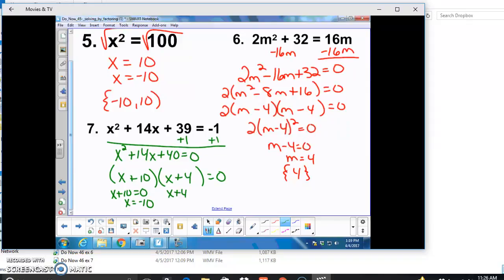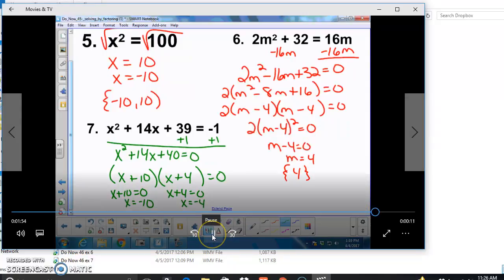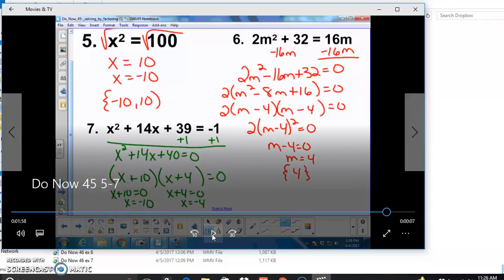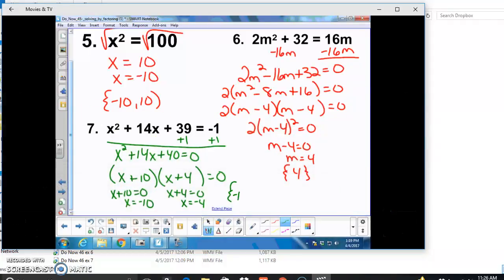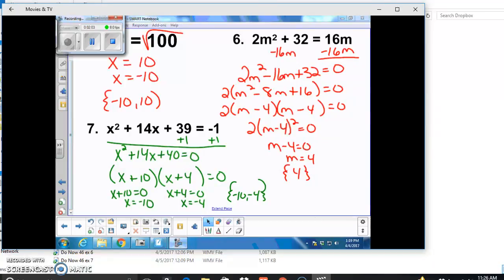X plus 4 equals 0. So x is -4. So in our brackets, we would have -10 and -4. And we would go plug them in and make sure that we get a true statement. We can plug in here or we can plug in here. So -10, -4 in brackets, least to greatest would give you your answer.